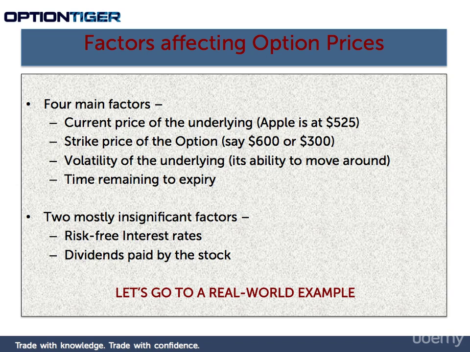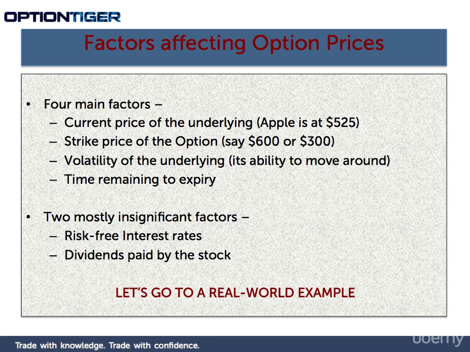And finally, the 4th factor is the time remaining to expiry. And this again is pretty intuitive. If you have 30 days remaining for an option to expire, and if you have 60 days left for an option to expire, obviously the option that has 60 days is going to be more expensive. That's because there's more time remaining, so the time value is more.